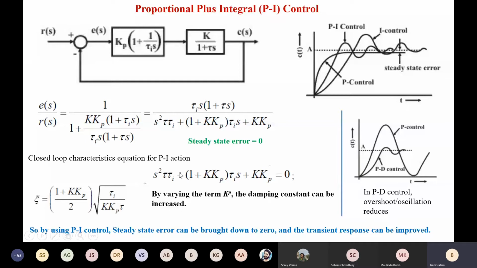Undamped means complete oscillation, and underdamped means there will also be oscillations, and after a couple of oscillations it will settle down. But overdamped means it is very sluggish, and it will take a long time to reach the steady state value, right?